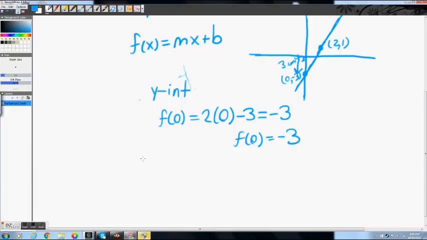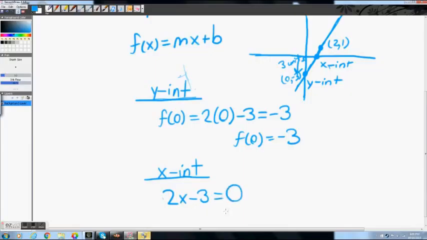Now, the x-intercept is going to be where the function intersects the x-axis. With that point, we'll have a y value of 0. So on this graph, this is of course going to be our x-intercept. So what we're going to do is take 2x minus 3 and set it equal to 0.